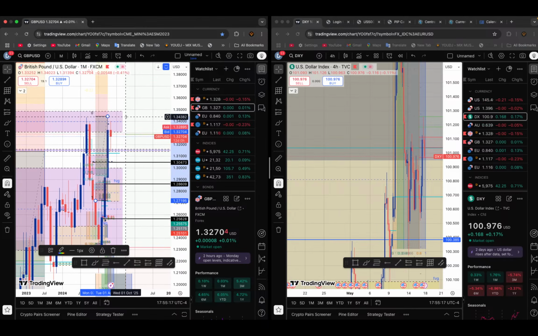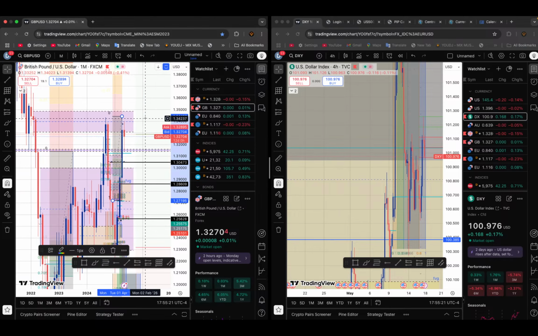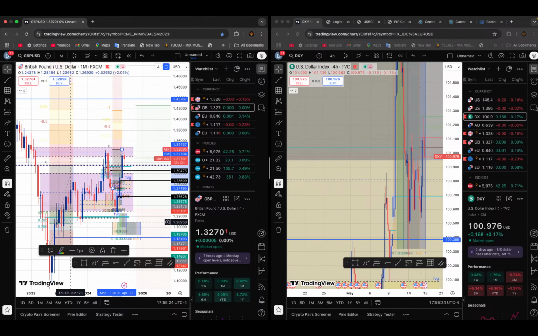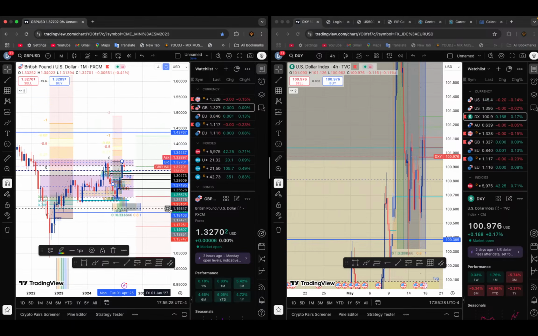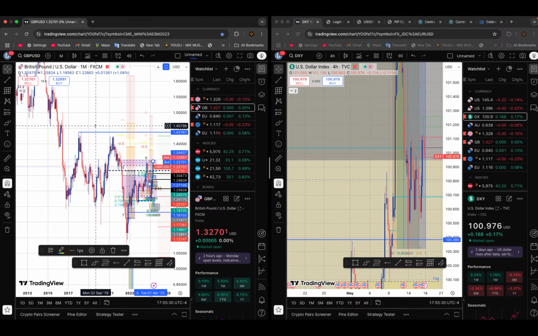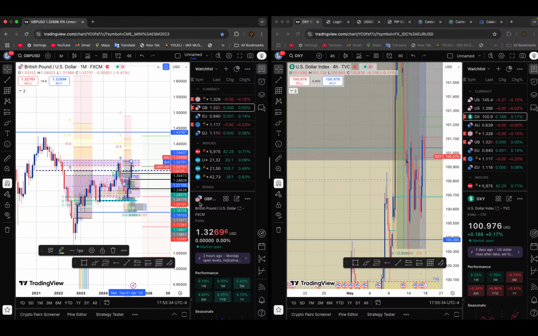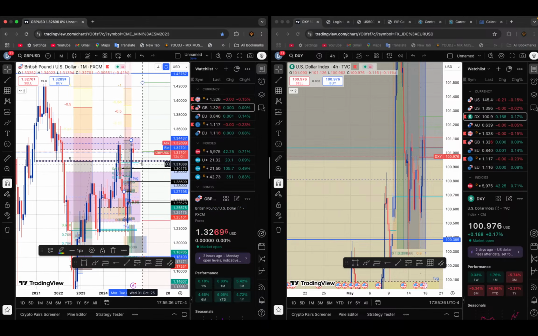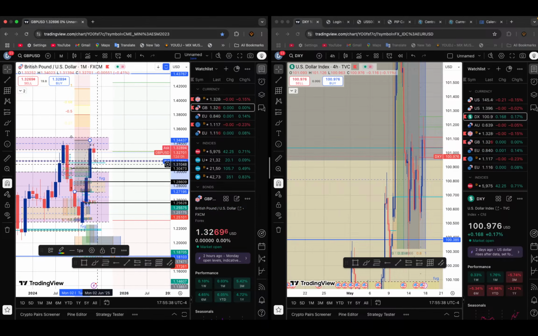Yes, it has. It has taken the high. So because it has gone into optimum trade entry one last time, it will potentially look to seek first standard deviation, which is above these equal highs. So it's going to want to move there fast, which will explain the reason as to not wanting to go all the way down there.